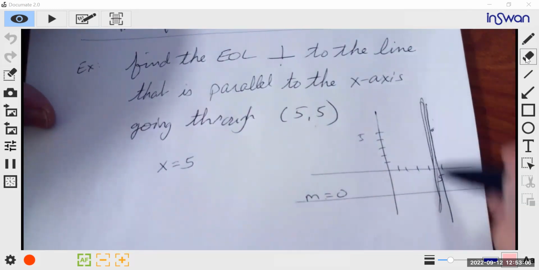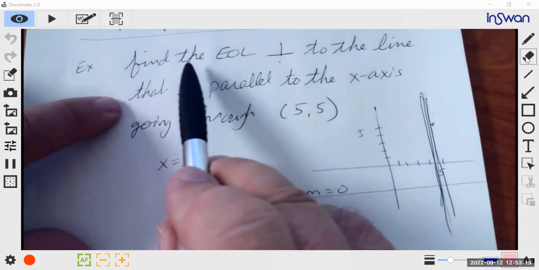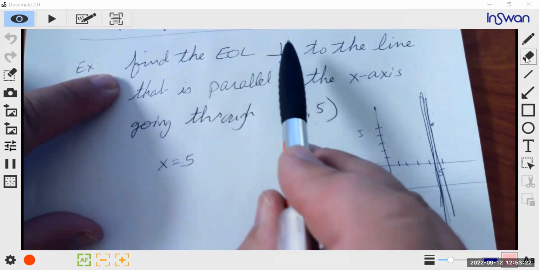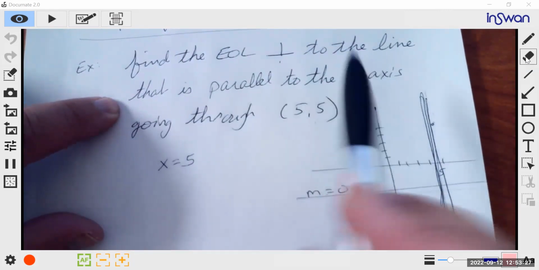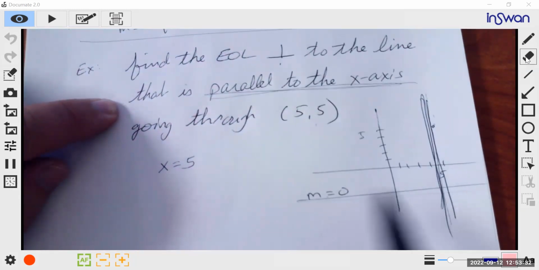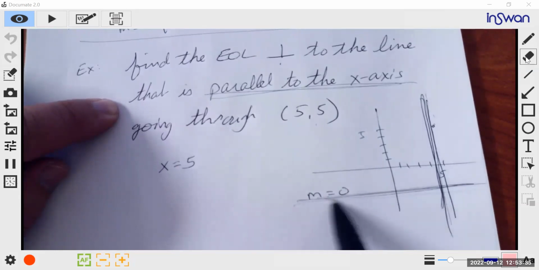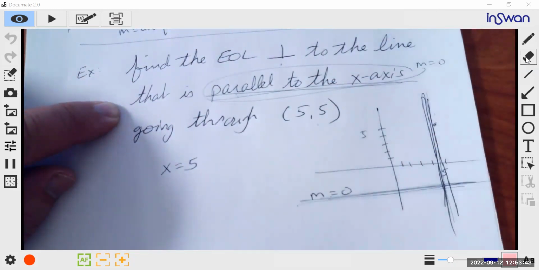Because this is our line we're looking for. It's got to be perpendicular to the line parallel to the x-axis. I thought it was x undefined. No. It is. But this first part says, I'm looking for the equation of the line that's perpendicular to what? To the line that's parallel to the x-axis. What does the line parallel to the x-axis look like? Well, it has 0 slope. If it's parallel to the x-axis, it's a horizontal line. We know the slope is 0 because the x-axis slope is 0.